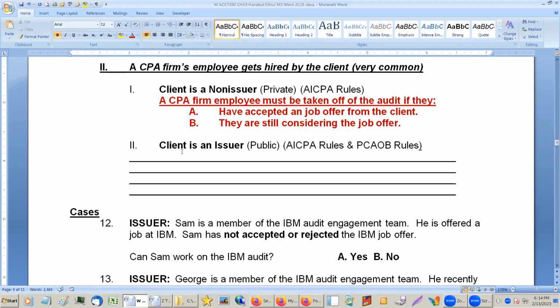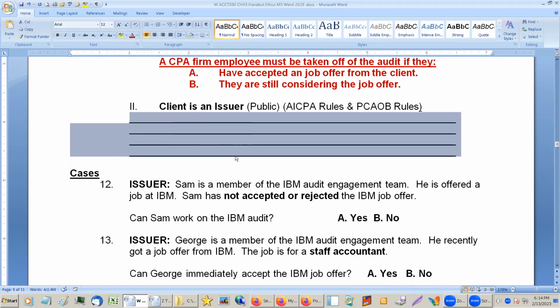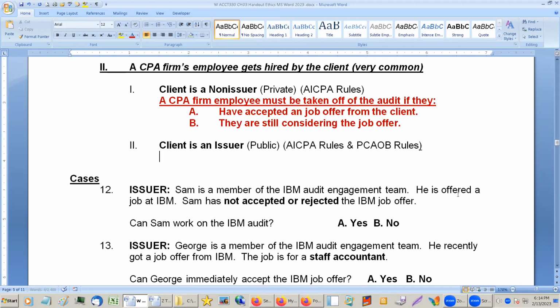Okay, now the client is an issuer. First things first, same rules as above. He must be taken off the audit. But there is another rule.